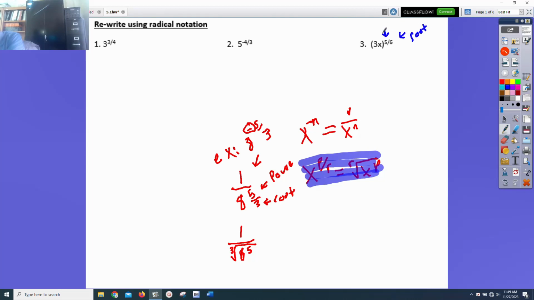Here is my power. This one's actually really simple. You've got a 6th root and you've got a 3x, and this is a common error. This is wrong. It's commonly wrong.